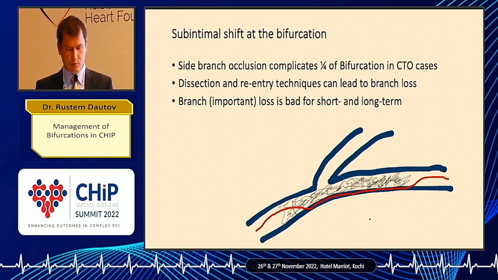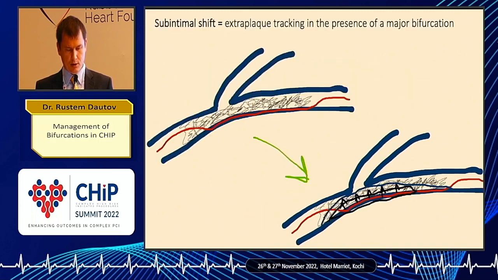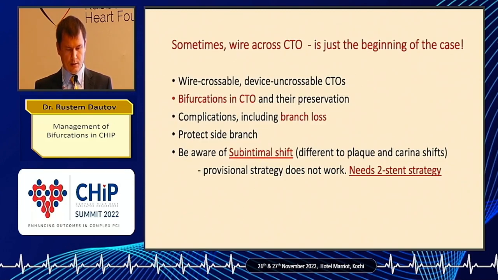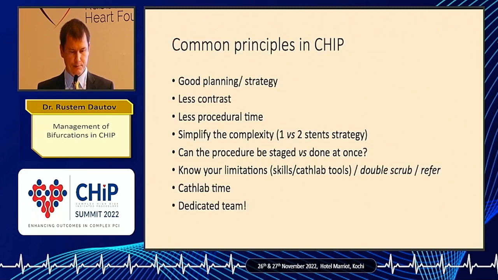So imagine if you wire the subintimally opposite the branch and then you dilate there, and sometimes we obviously don't do injections in antegrade escalation and you don't use IVUS here, it can lead to the branch occlusion. And that particular subintimal shift requires stenting versus provisional with ballooning, with plaque shift or carinal shift sometimes.